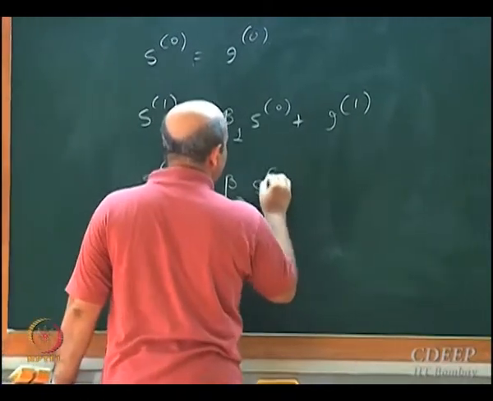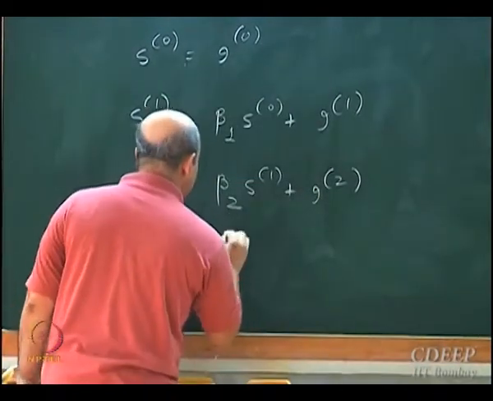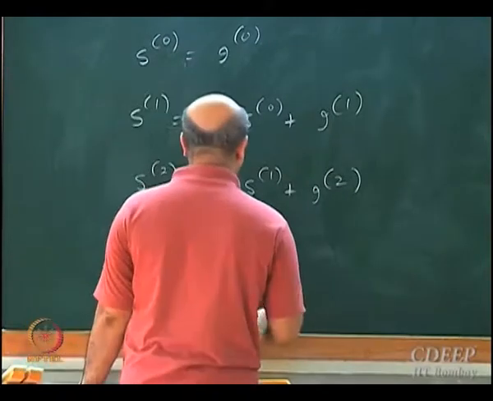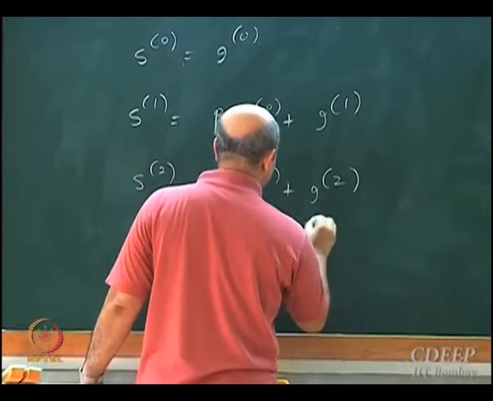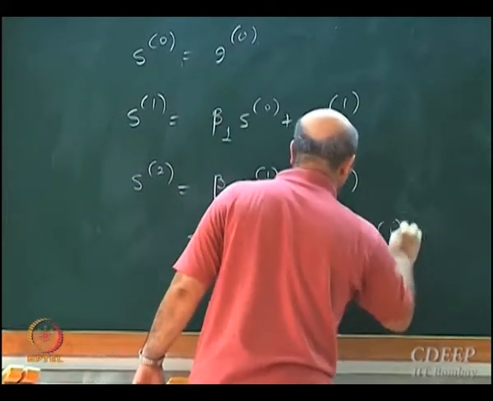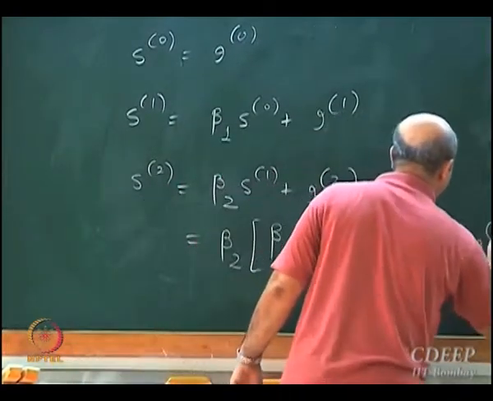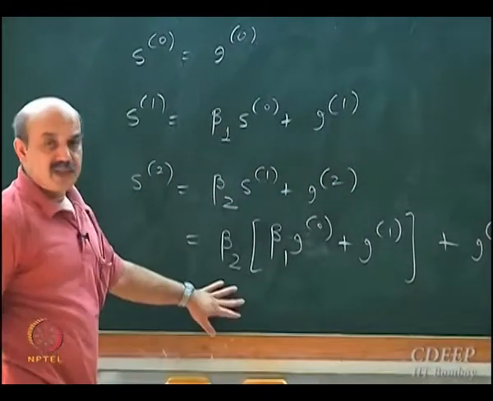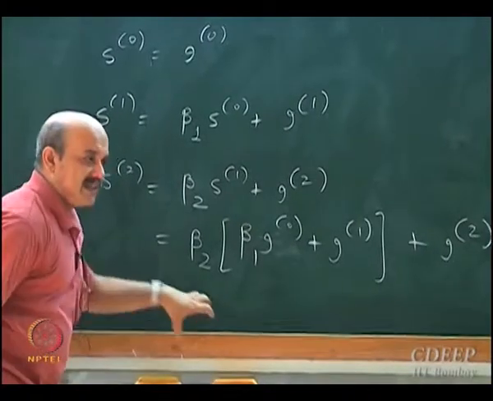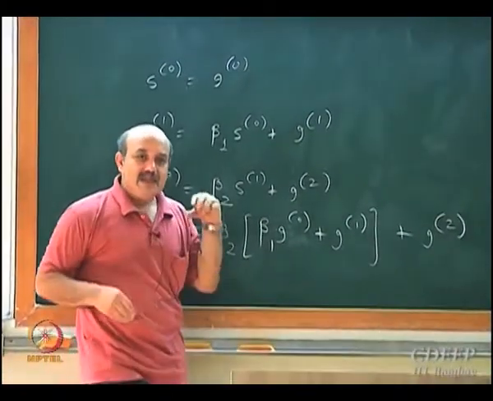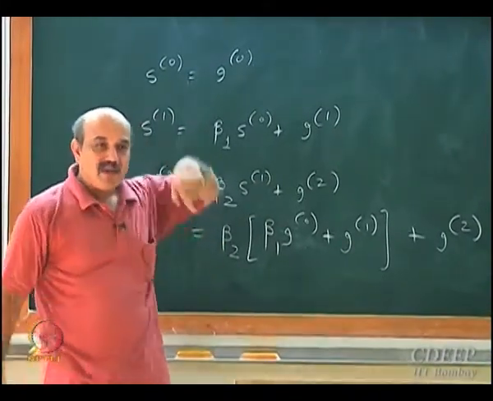Beta 2 S1 plus G2. You see this? So as you progress, you are actually basing your move direction not just on one gradient but on a history of gradients.